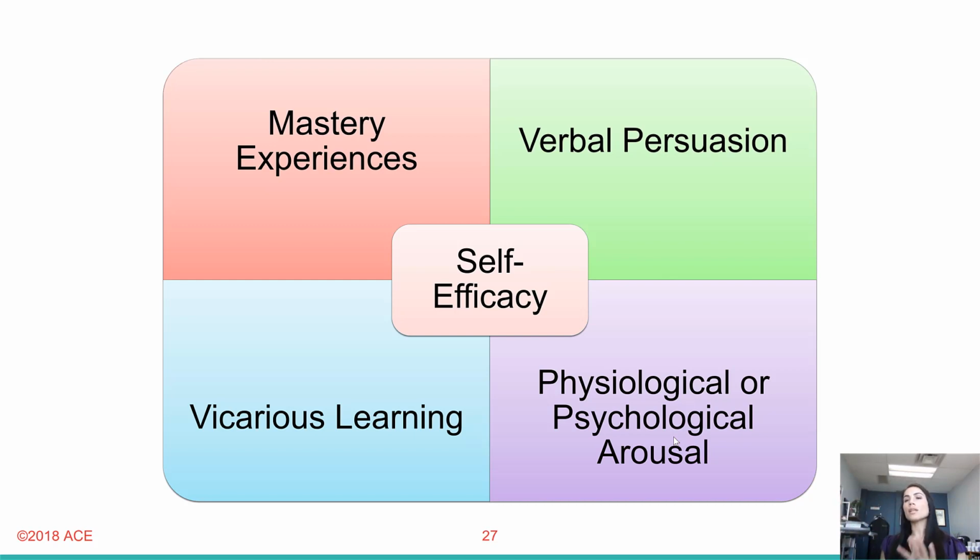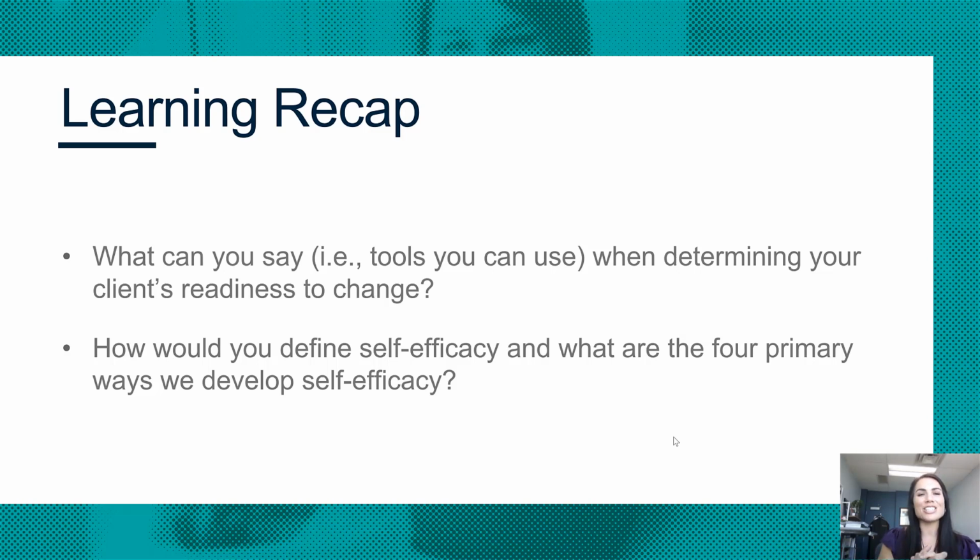So again, it's important that you know there are 4 components that go into self-efficacy, and as a health coach, you want to foster those things so that your client can increase their self-efficacy and their health behavior change.